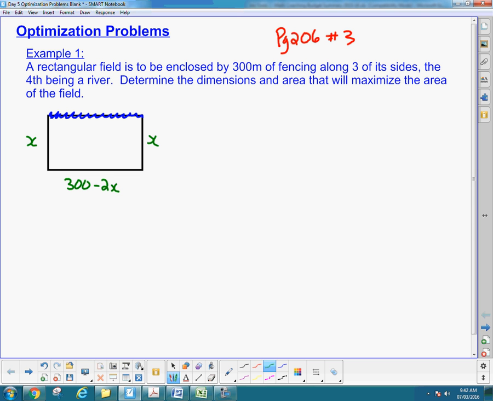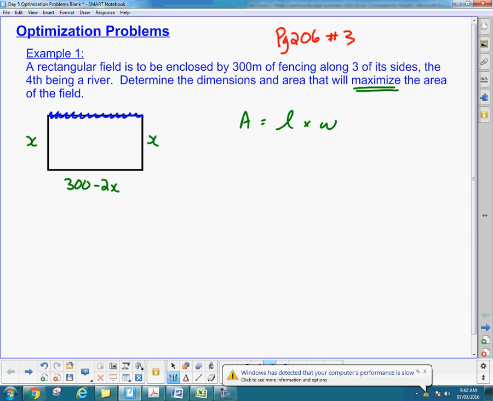So we have this. Now, what we need, though, is a function that describes how to find the area, because that's the thing we need to maximize. So we need an equation that describes that. And of course, in a rectangular field here, the area is found by taking the length times the width.